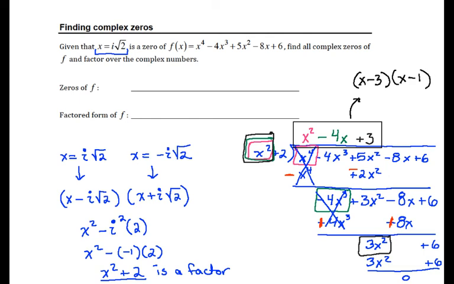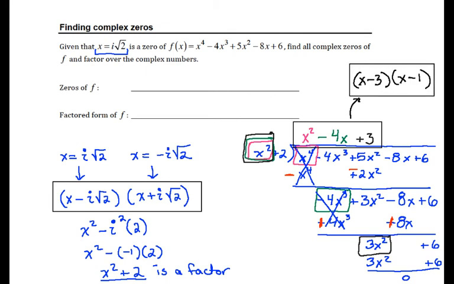So I now have two factors over here, two factors over here, and I can see my leading coefficient is 1. So all I have to do for my factored form is put all of those factors together.